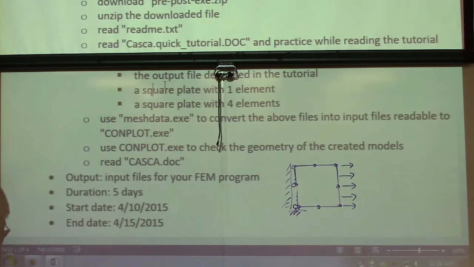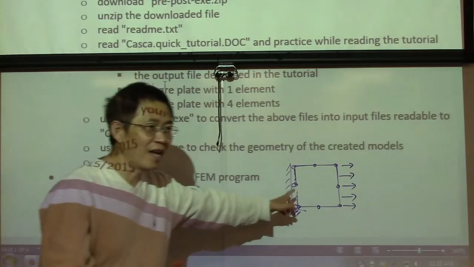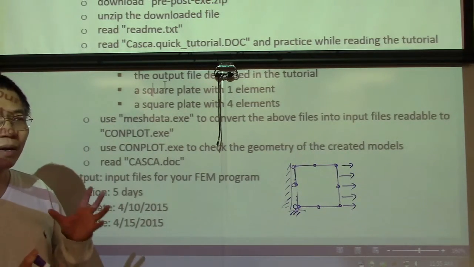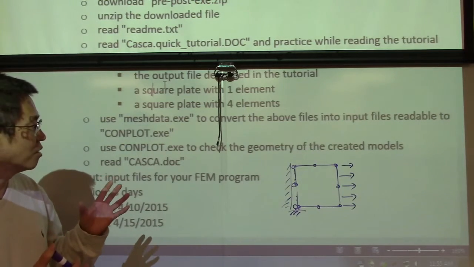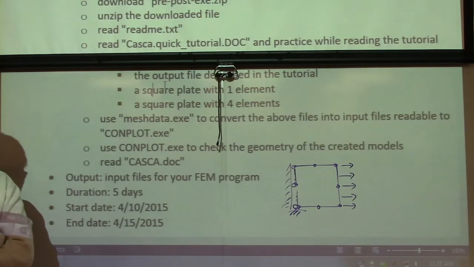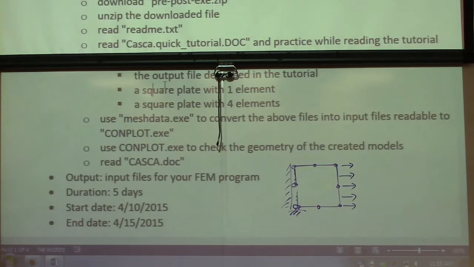You output the displacements, the strains, the stresses, and check with your hand calculation. If your FEM results are accurate in comparison with your hand calculation, then you have a very good chance that it is correct, but not necessarily guaranteed.